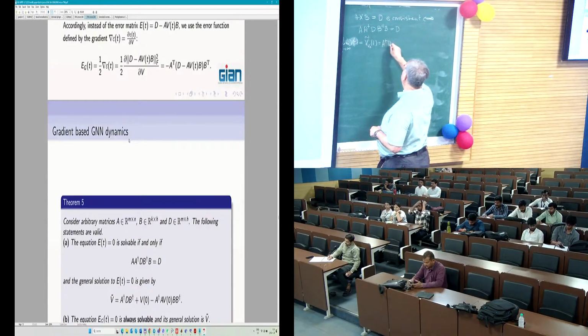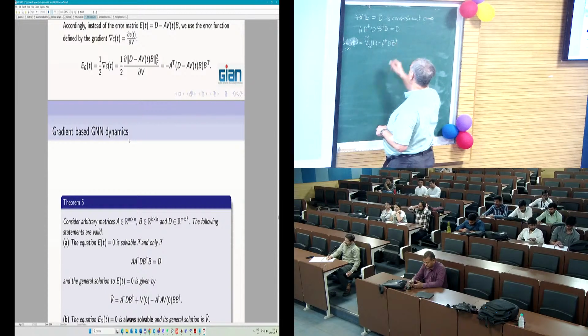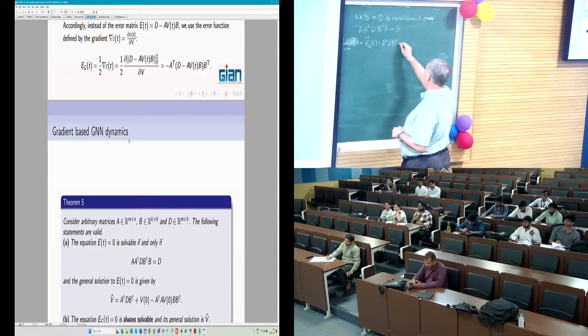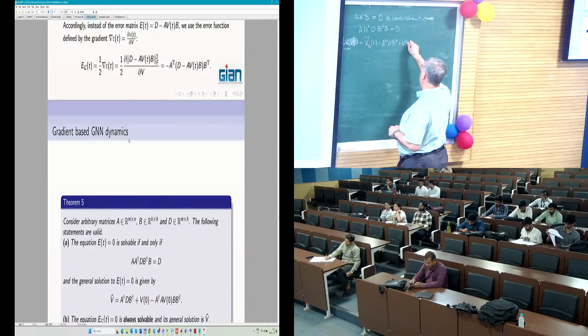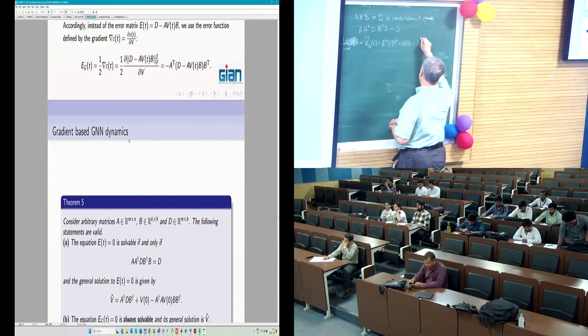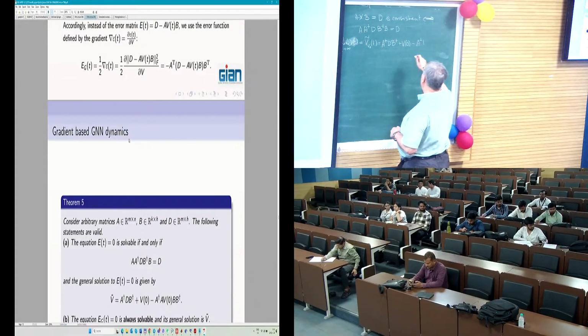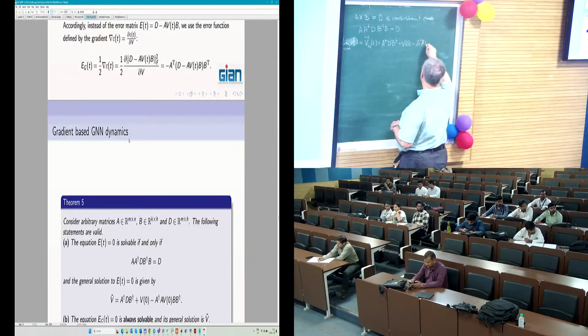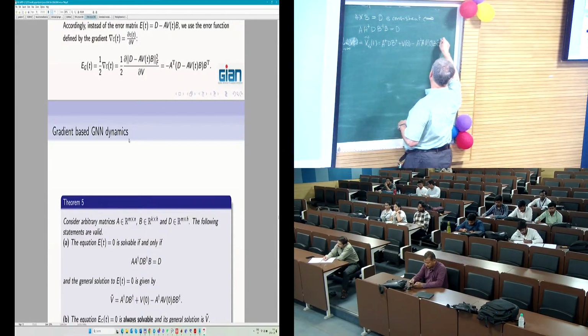A dagger D B dagger, it is the Moore-Penrose solution, plus V of 0, the initial state matrix, minus A dagger A V of 0 B B dagger.